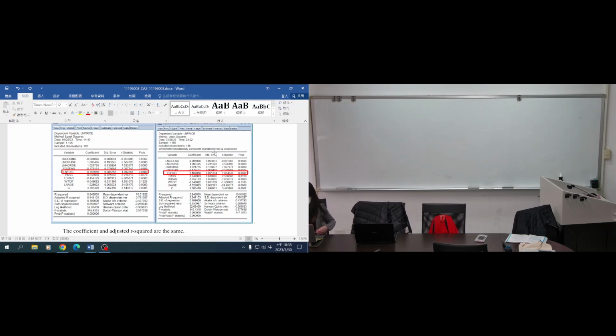But this is a one-sided test, remember? We have the expected signs. The probability here is two-sided, so we should divide it by 2.